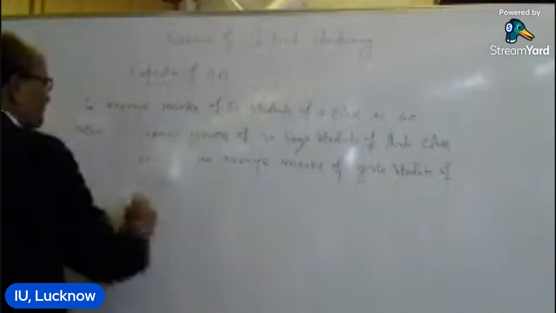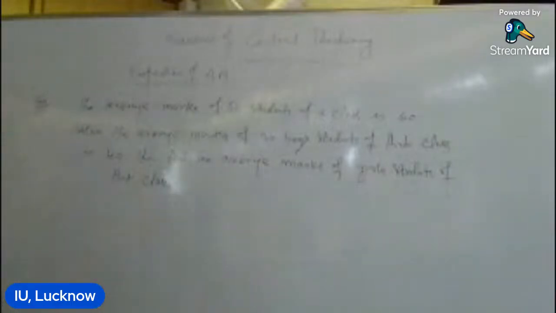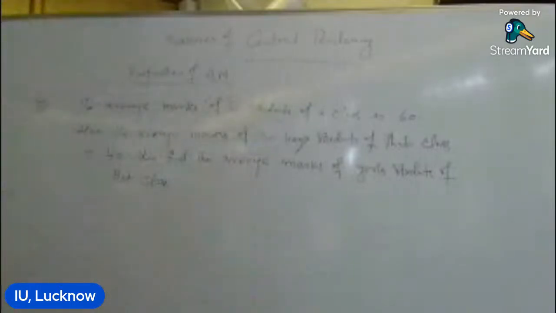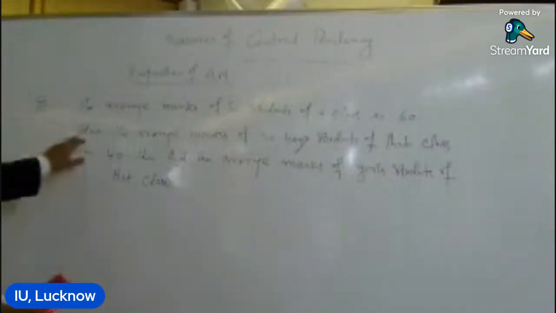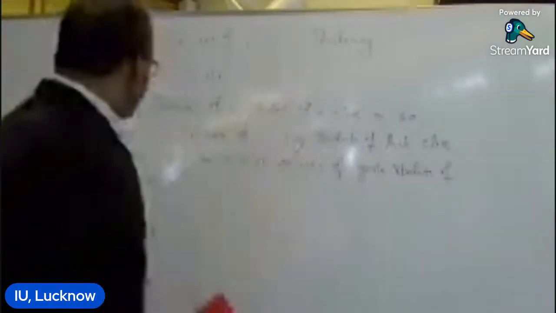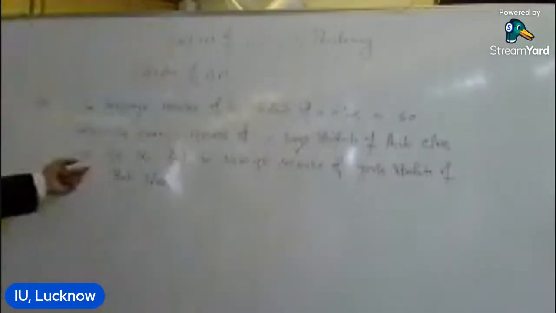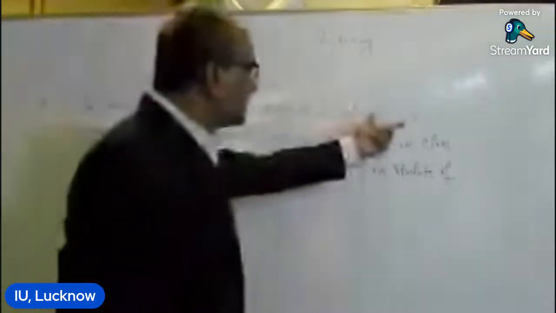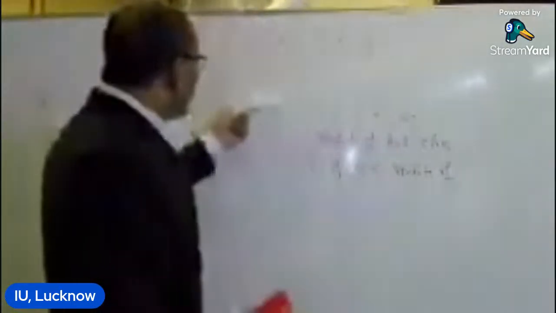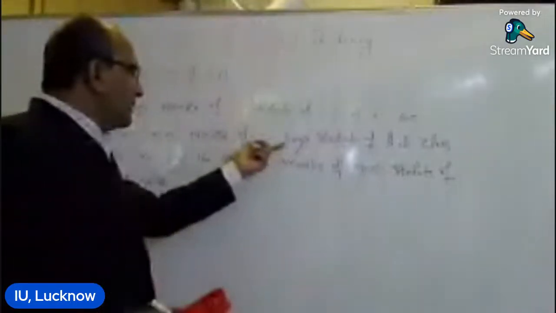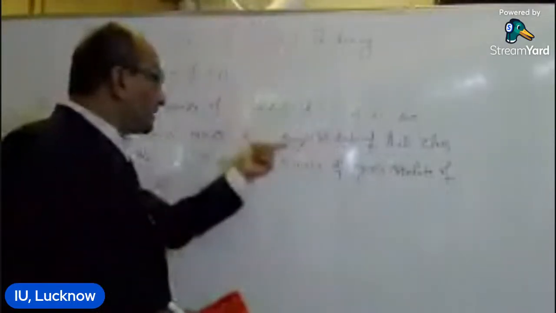The question is the average marks of 50 students of a class. 50 students means both the students, boys and girls, of a class is 60. Also the average marks of 30 boys students of that class is 40. The 60 is the average marks of total 50 students, in which the 30 boys have an average of 40.